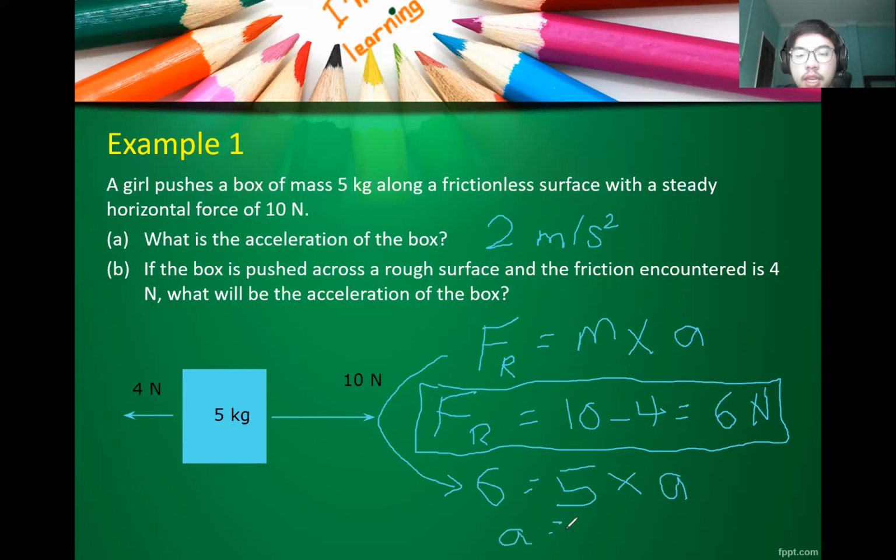Okay, I'm running out of space. So if we rearrange this formula, you get 6 divided by 5. And 6 divided by 5 is 1.2 according to my calculator. Meters per second square. And that's the answer.